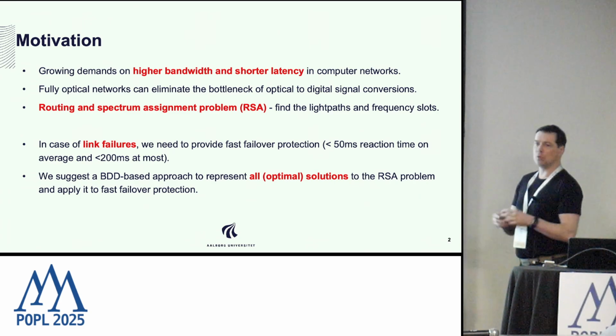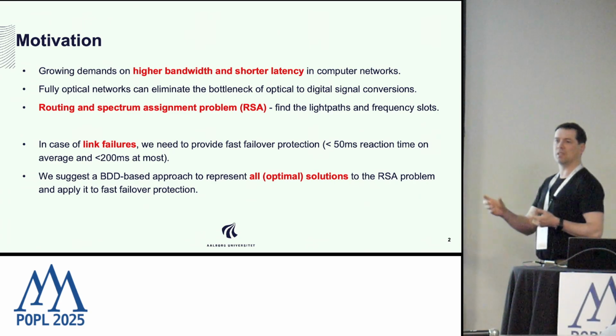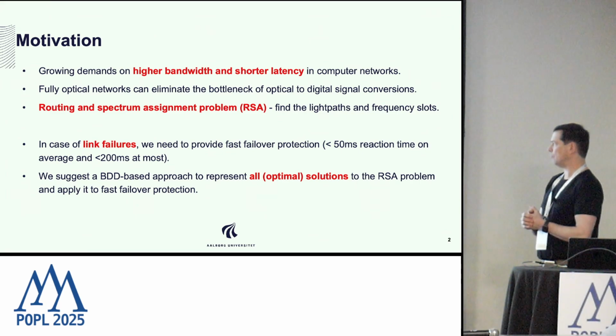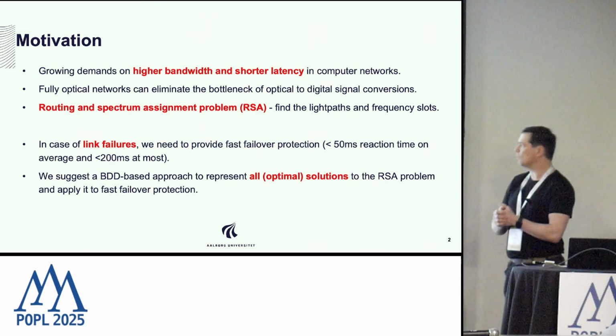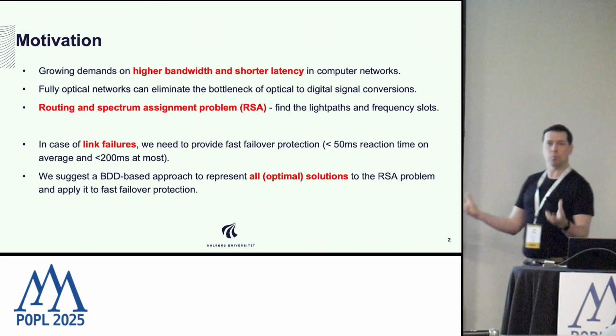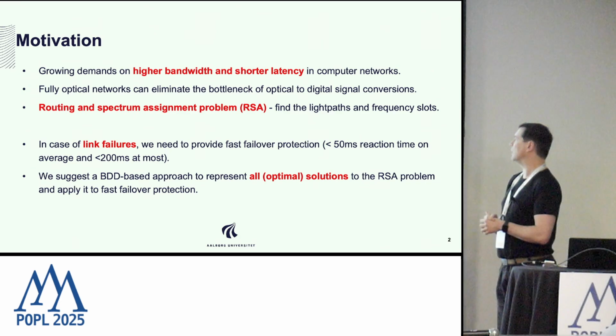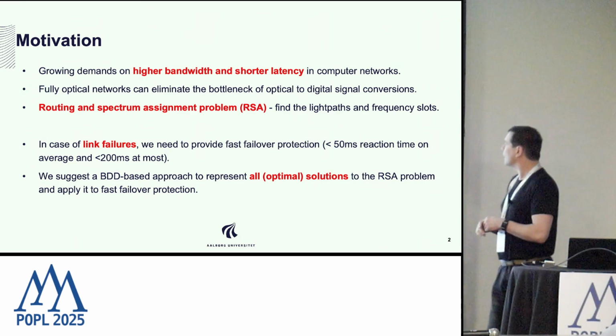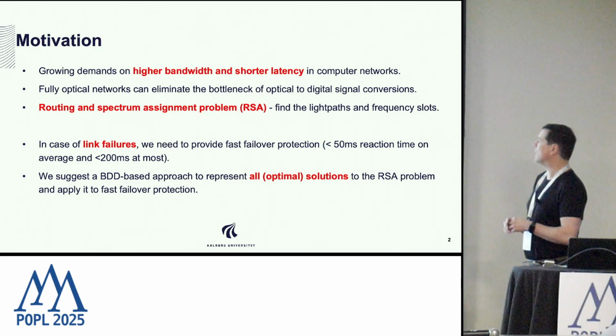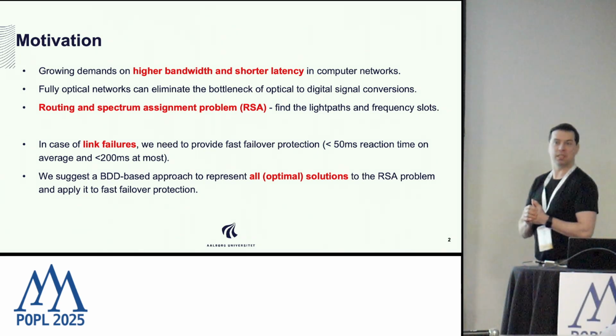The idea is you need to find the light path and assign the frequency slots through the whole network. In particular, in case of link failures, we need to quickly improvise and find an alternative path that avoids the failed links. And according to the technical specification, this should be done in less than 50 milliseconds.